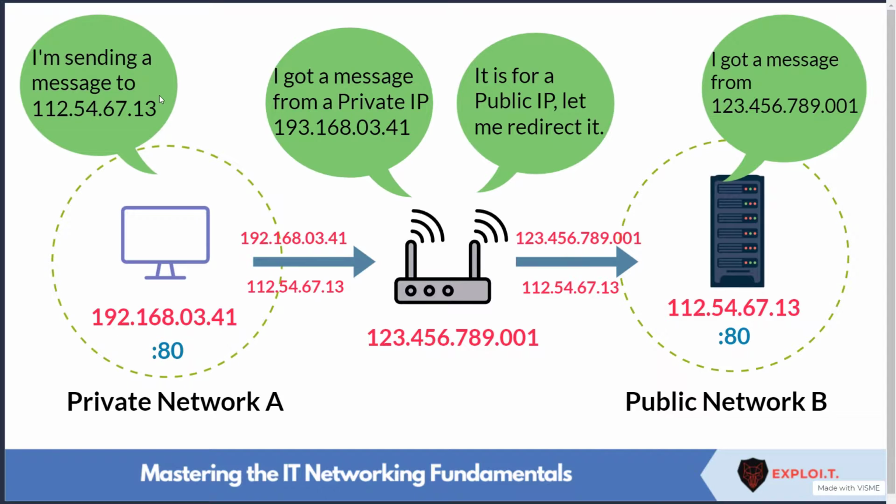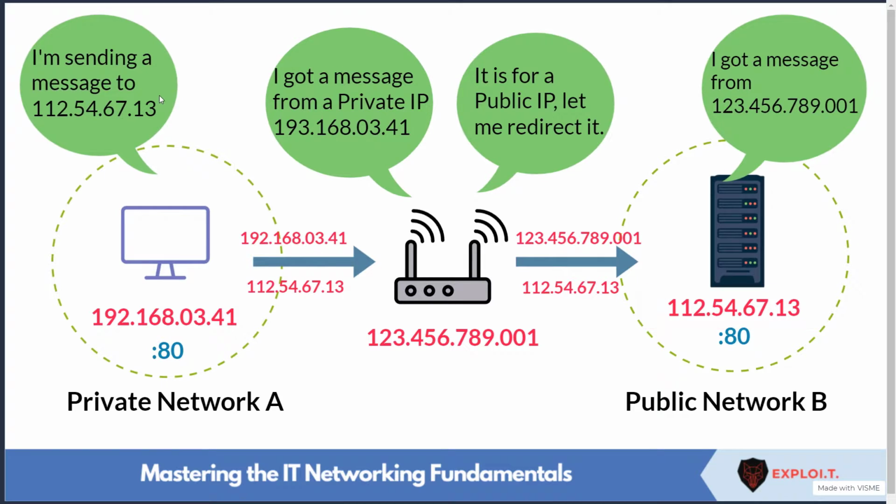Now in this diagram, we have on the left hand side a private network A that uses a private IP. So we have a private network A, and below that we have a port 80. Colon 80 means a port 80 inside this computer or node. On the right hand side, we have a public network B that uses a public IP of 112.54.67.13.